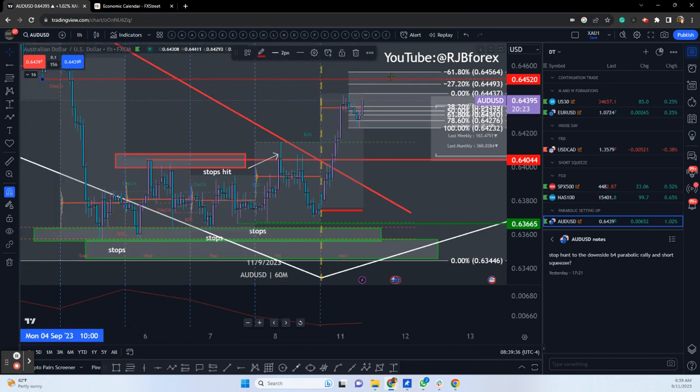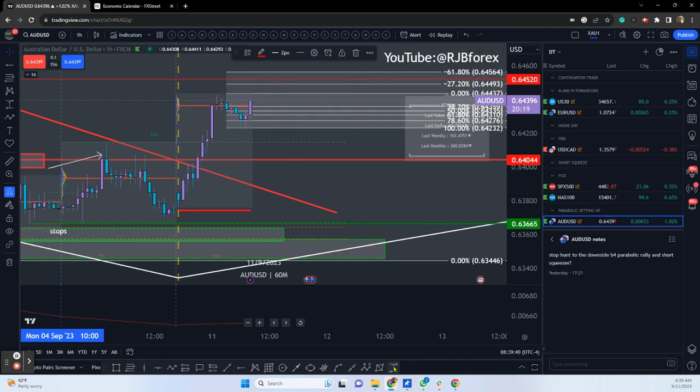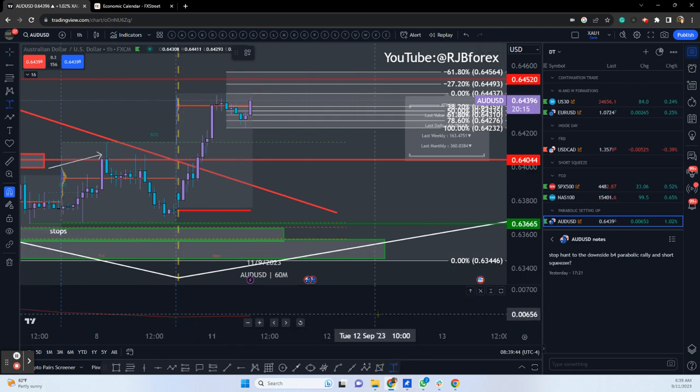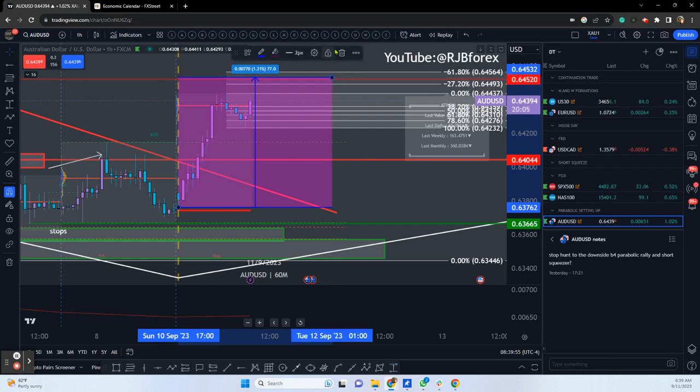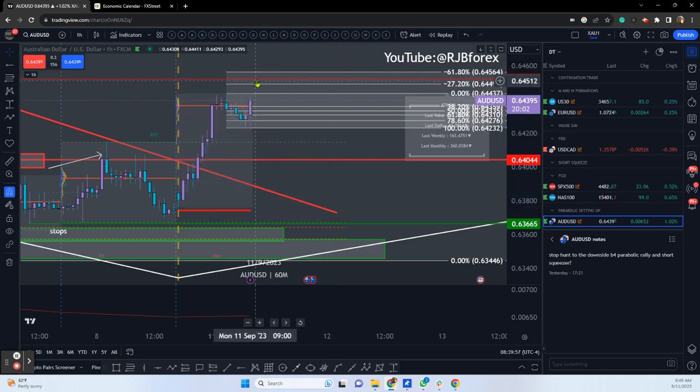All right, so targeting the 64.50s. ATR: we've already done the ATR, but it's not to say we can't do more. So it's very reasonable to expect this to run up into that level, that target area.